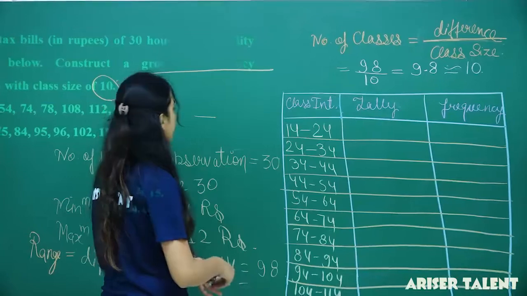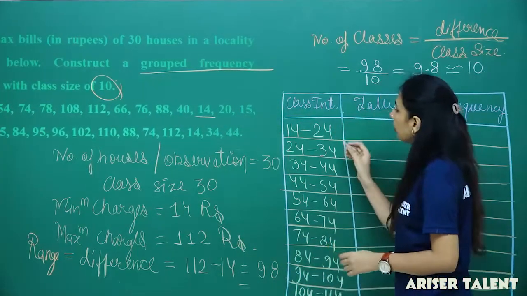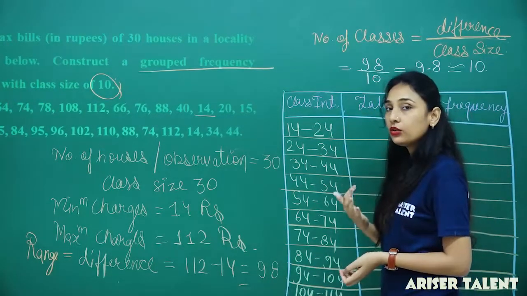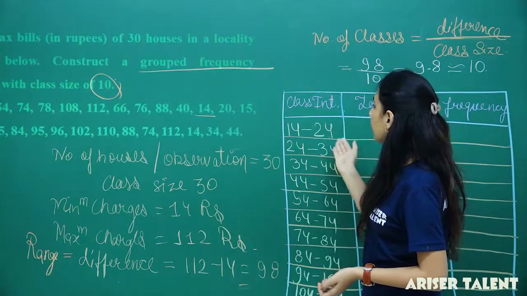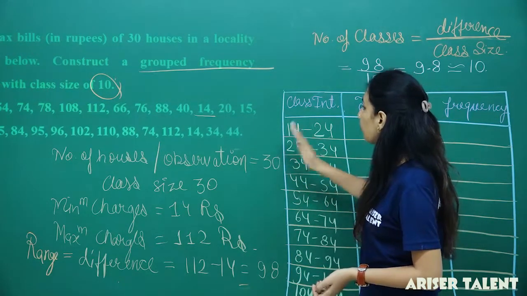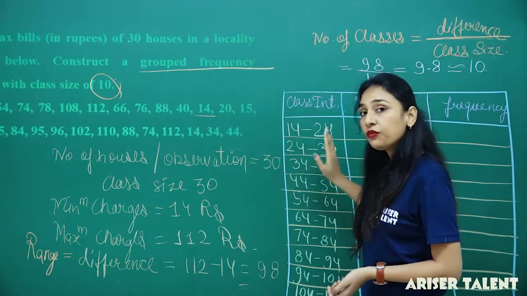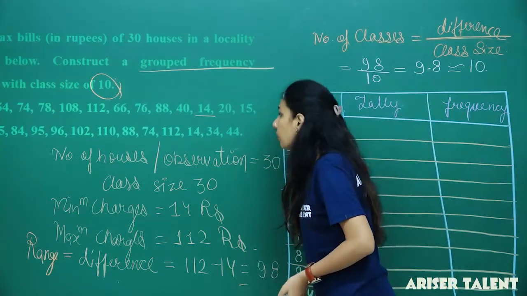Right. So now tally. Now 14 to 24. I was telling you that you don't have to include this 24. So the values either 14 or greater than 14 but less than 24, you have to entertain for that one. Okay.